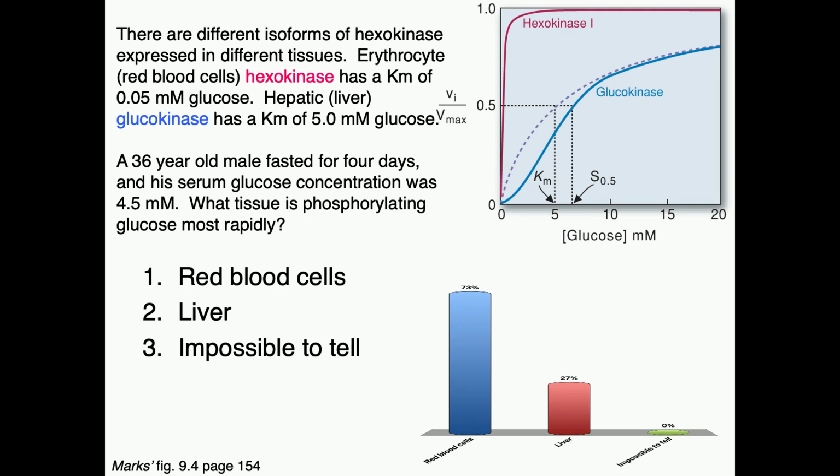So this is like normalizing each enzyme's Vmax at 100%. But at 15, hexokinase is still fast. Yes. Right. If you go way beyond the scale, it's going to eventually meet up with it. Yep. Any other questions?